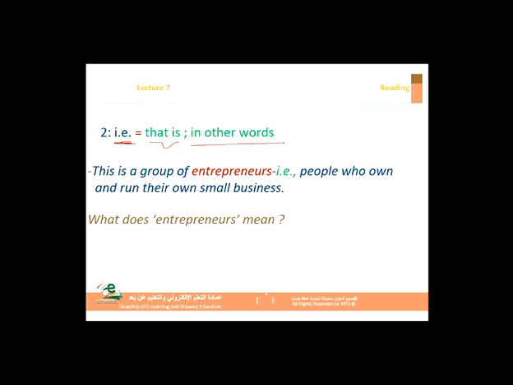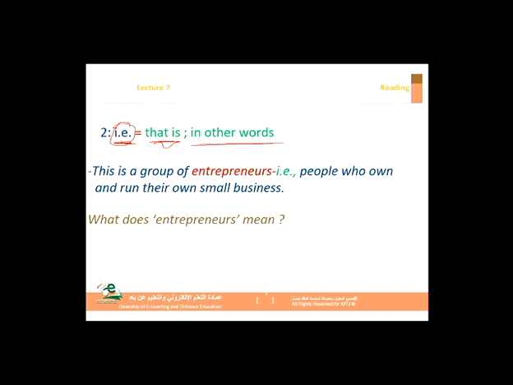If you remember in the lectures, I think 4 and 5 maybe, we looked at these examples. We looked at that is or in other words. So whenever you encounter this abbreviation here, I.E., you should know that this means in other words or that is.